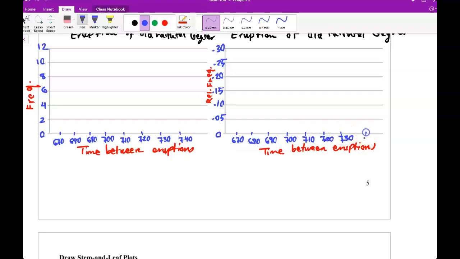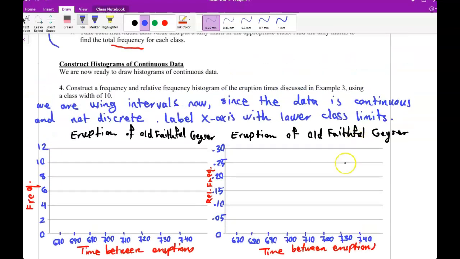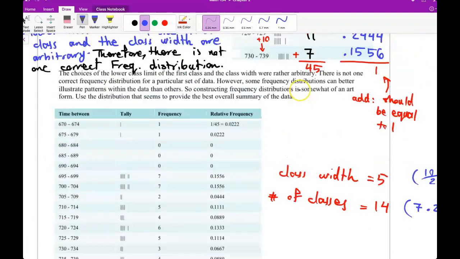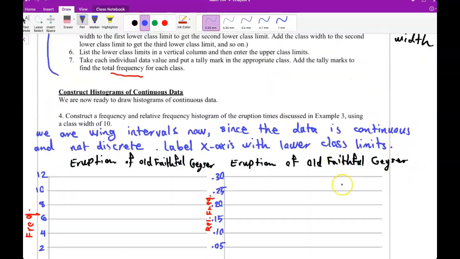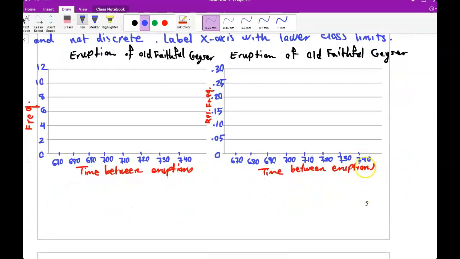Same numbers. Okay, so we have all these lower limits, and this one is not a lower limit. This is the upper limit, because the lower limit here was 730, then after that we have 739.9999, which is approximately equal to 740. That's why in the final part we have 740.